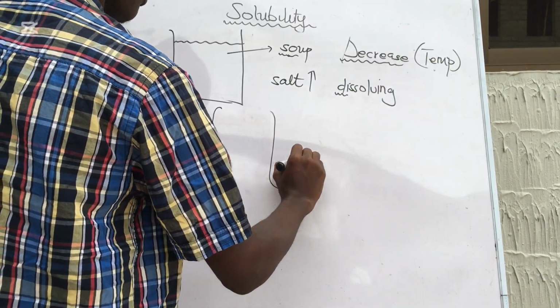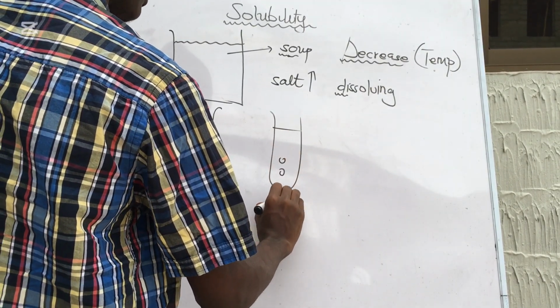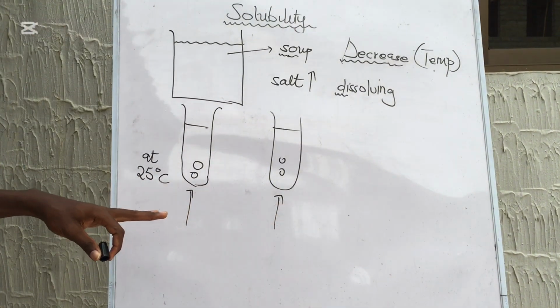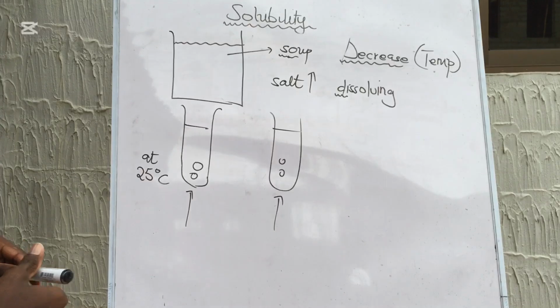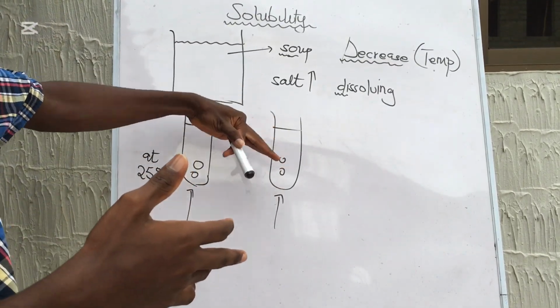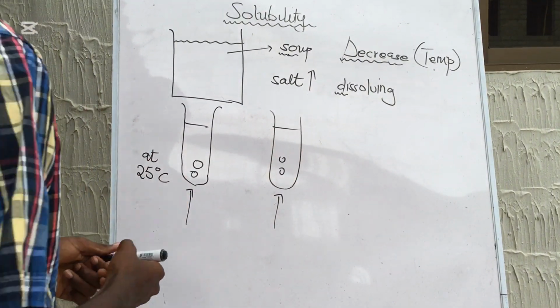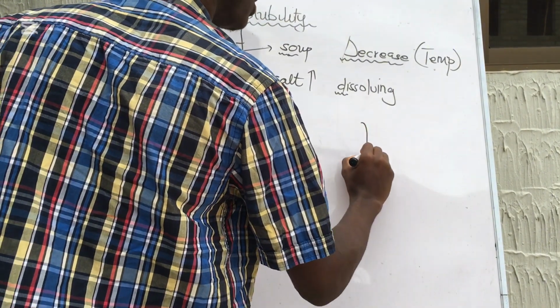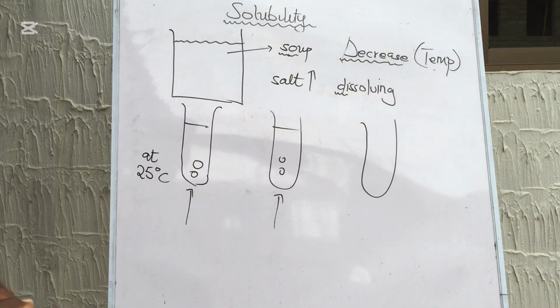If you start heating the salt solution, you are going to realize that the saturated solution is now becoming unsaturated, because the solution can now dissolve the extra salt that you add. Now, the more you continue adding it, the more it becomes saturated again.